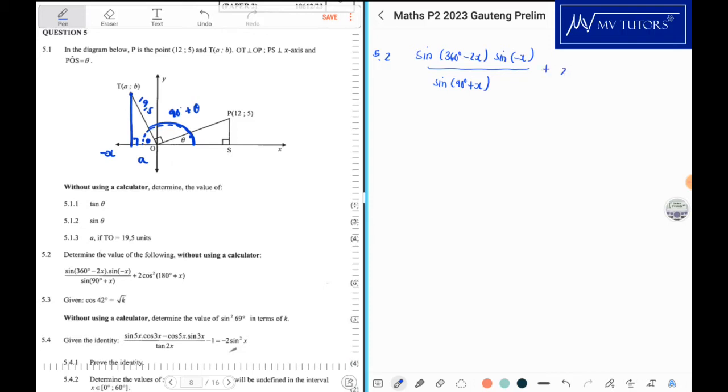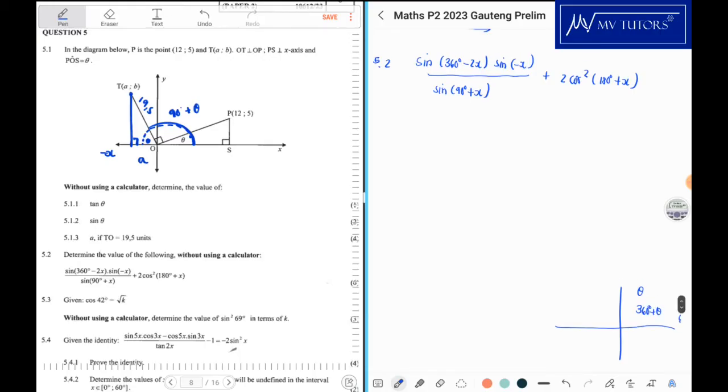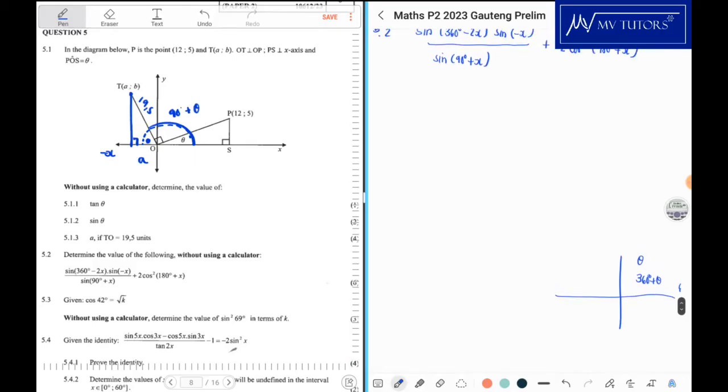If you tend to be confused sometimes, please draw the Cartesian plane yourself. See where what is positive, what is negative. I'm just going to draw it at the bottom here, hoping that I won't run out of space. But this basically would be theta, or you would have 360 plus theta. So here you have 0, 90, 180, 270, 360.